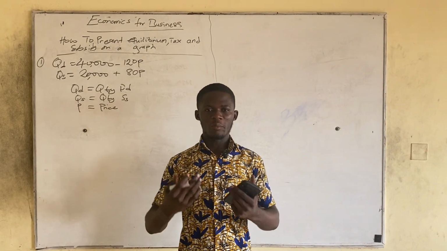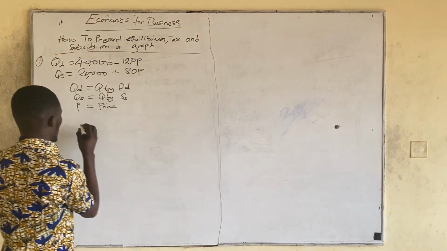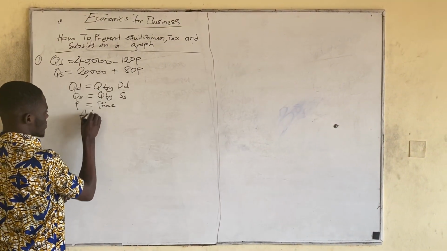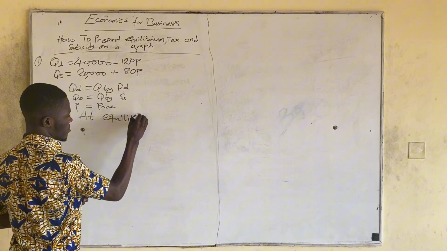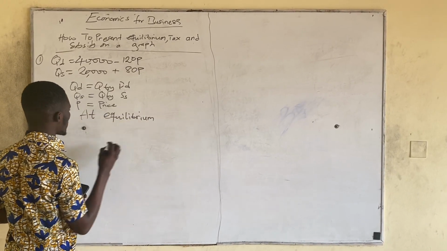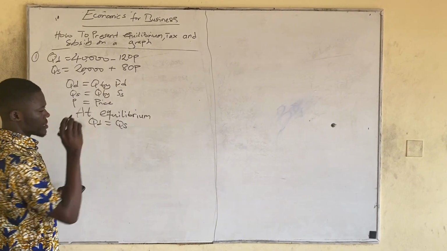You understand? So you state that at equilibrium, QD equals QS.